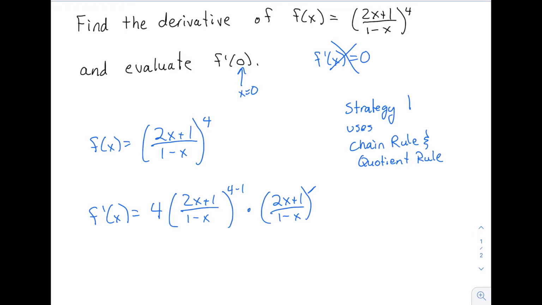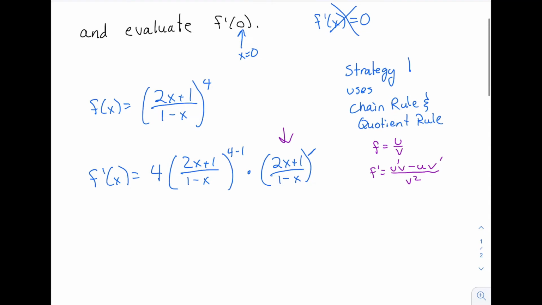Let me switch colors here. And let's think about what the quotient rule is. If we have f equals u over v, one way to think about this is u prime v minus u v prime, taking the derivatives of the bookends here, over v squared. So if I want to take the derivative of this quotient right here, I could think about what's my u.